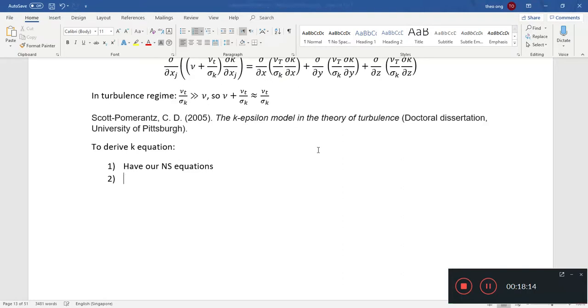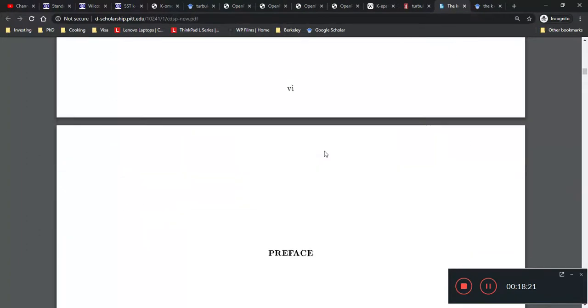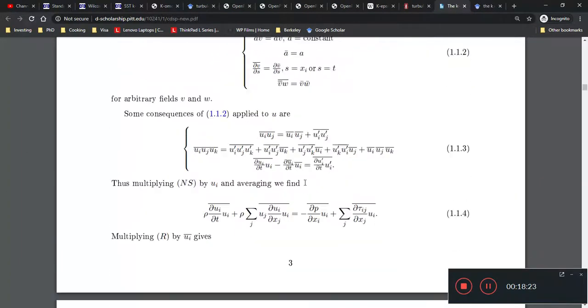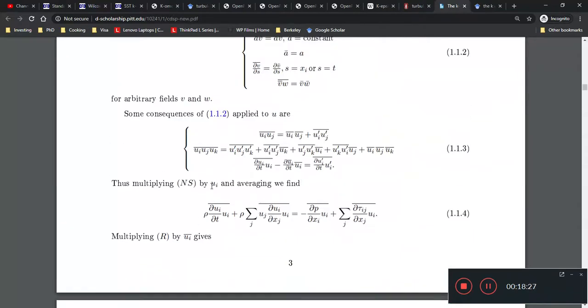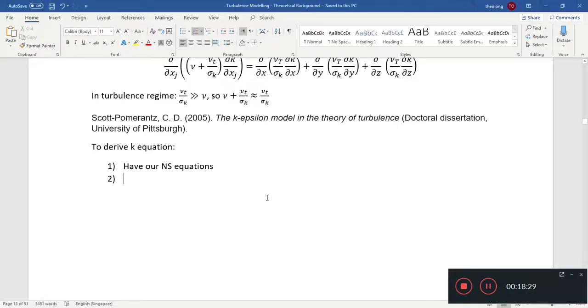Step 2 is to, let's see, it's over here. Yeah, here. We have our Navier-Stokes equation multiplied by the u. Multiply Navier-Stokes by ui.